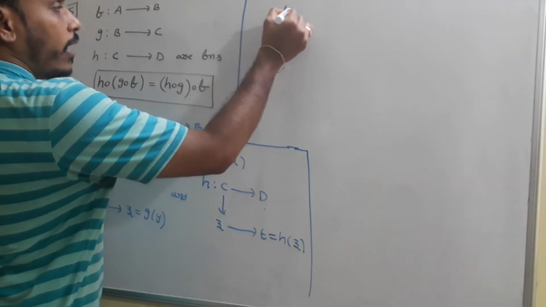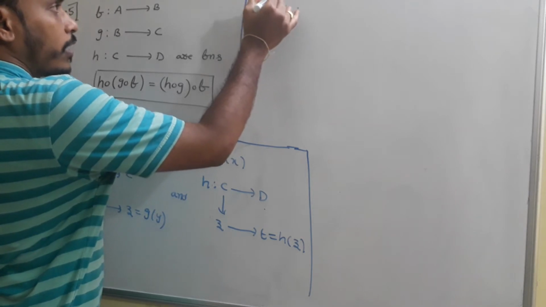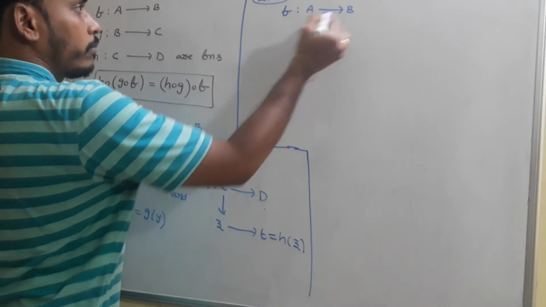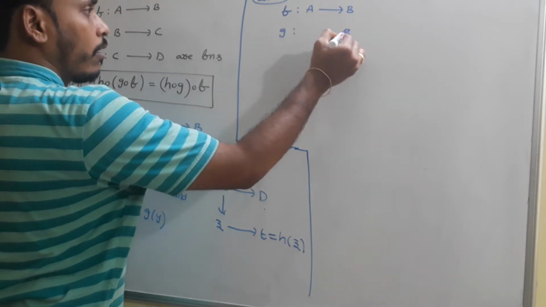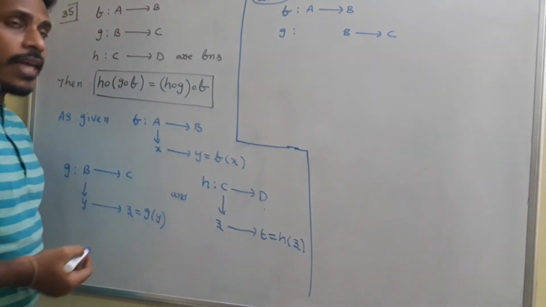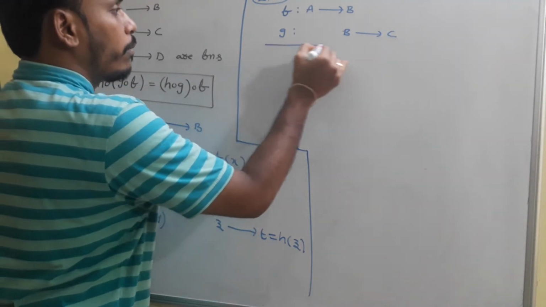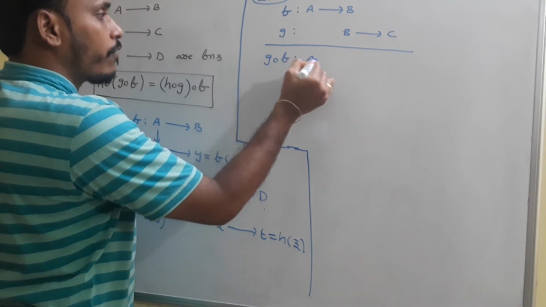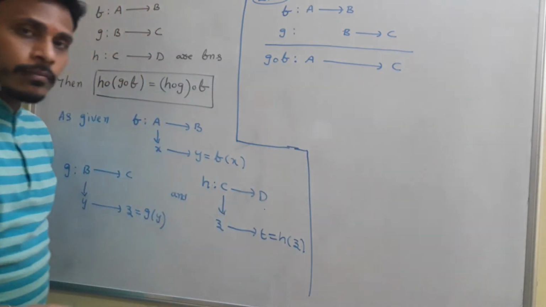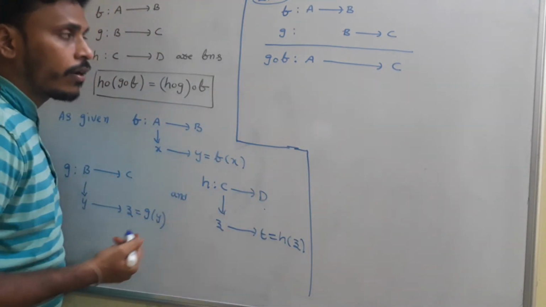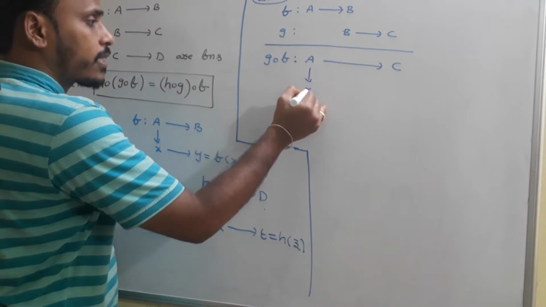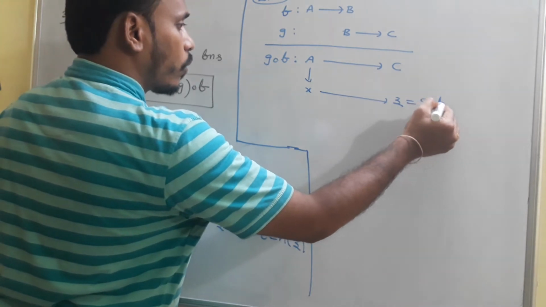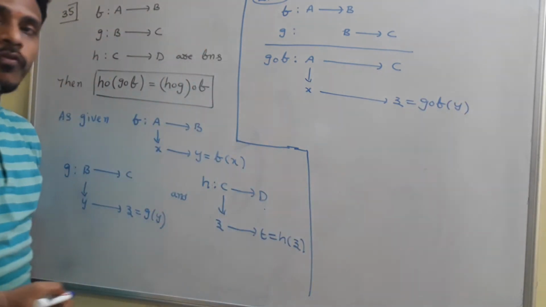I am thinking about the left side part. f is a function from A to B, g is a function from B to C. When you combine these two, we get that g circle f is a function from A to C. As per the definition of g circle f, it connects an element x of A to an element z of C such that z is equal to g circle f of x.